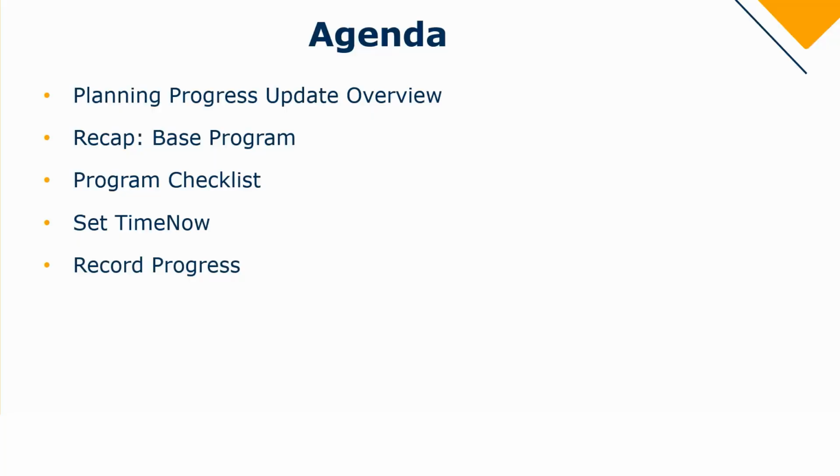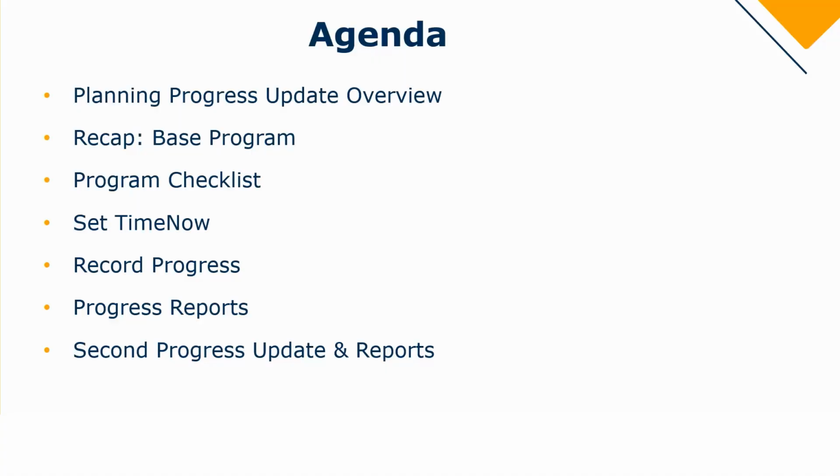Then we will look at the various ways of recording progress. I will run a few progress reports, followed by setting up your second progress update with the reports. And then I will end this webinar by covering the progress analysis and also looking at reports.